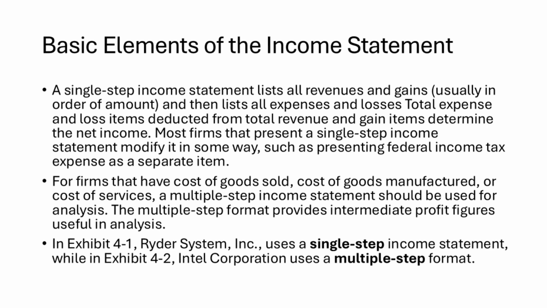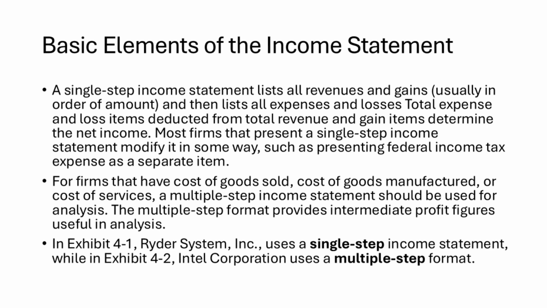For firms that have cost of goods sold, cost of goods manufactured, and cost of services, the multiple-step income statement should be used for analysis. The multiple-step format provides intermediate profit figures usually used in the analysis.